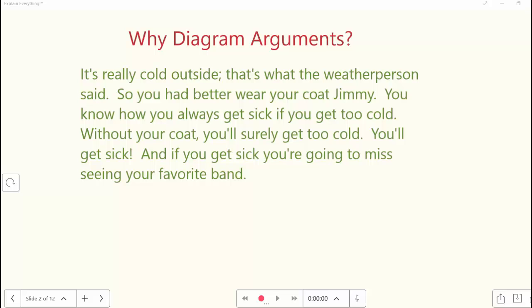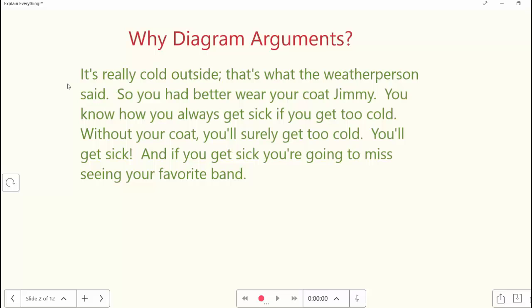Some of the argumentation in this particular argument is implicit, but let's start thinking through what's happening. If we slow down and think through, our first sentence says it's really cold outside. And the very next sentence says, "That's what the weather person said."